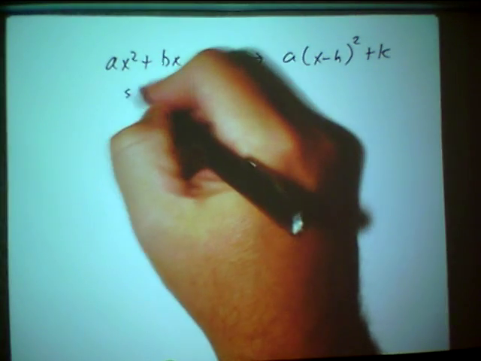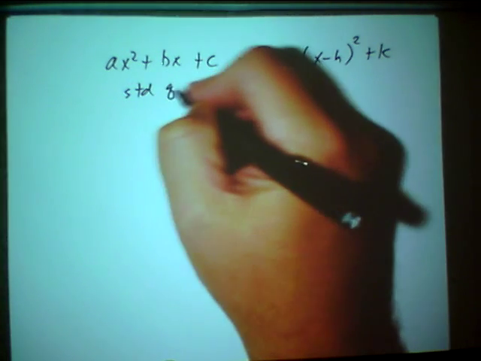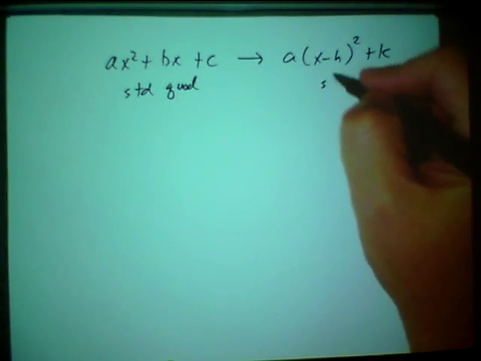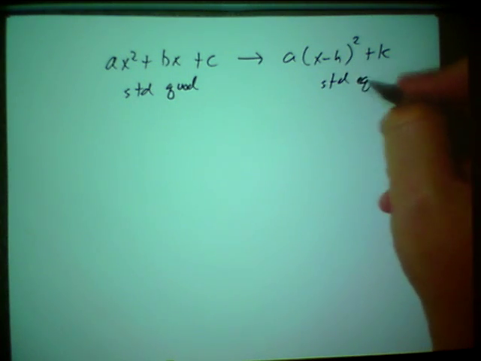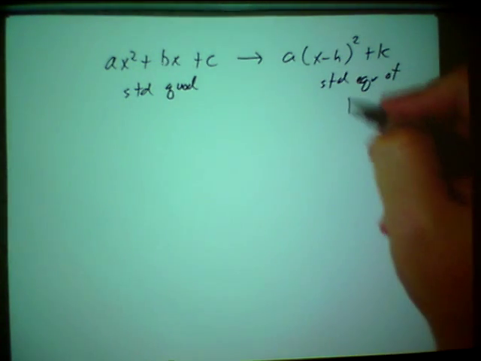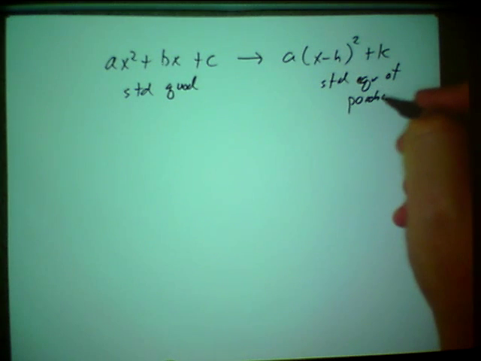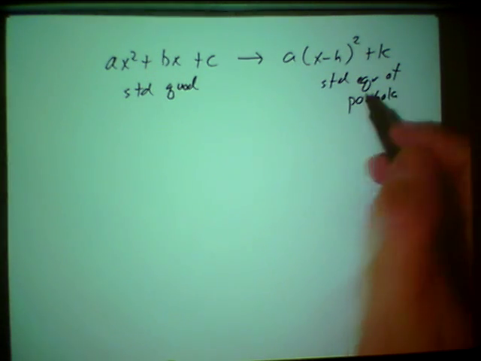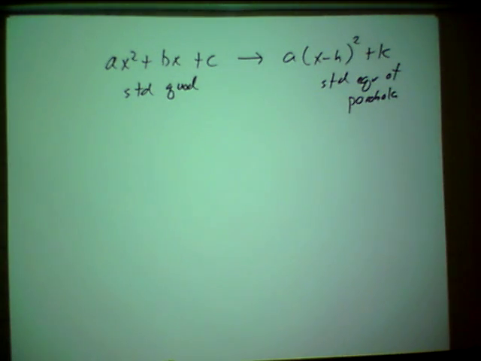So we call this the standard quadratic equation, and we call this the standard equation of the parabola. So I'm going to start with the standard quadratic equation, and then we're going to see how we can convert it into the equation of a parabola.